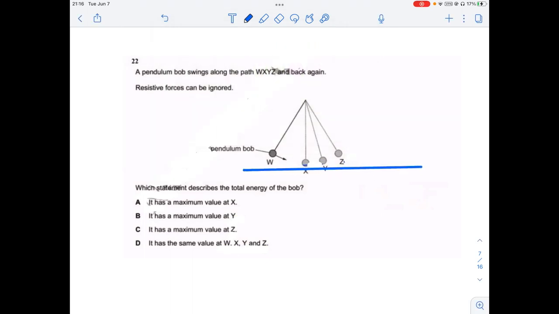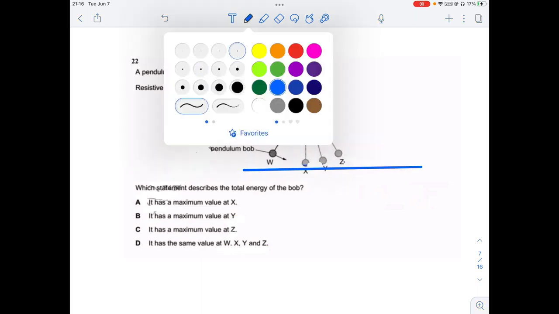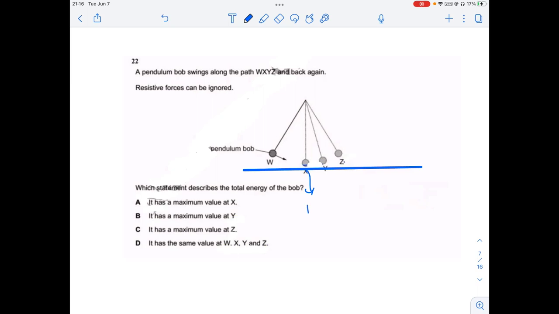At X, it is touching exactly at the reference line, so it will have only kinetic energy. There is no potential energy. At Y, it will have a bit of kinetic plus potential energy. Whereas at Z, it will have only potential energy because it has to stop.